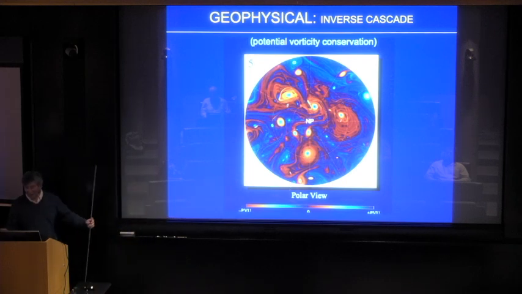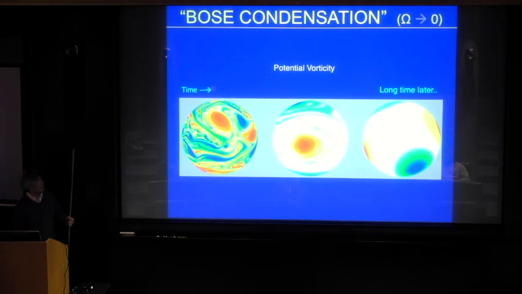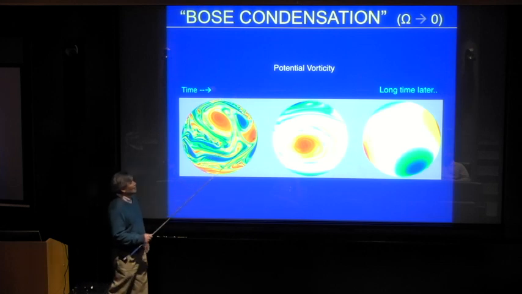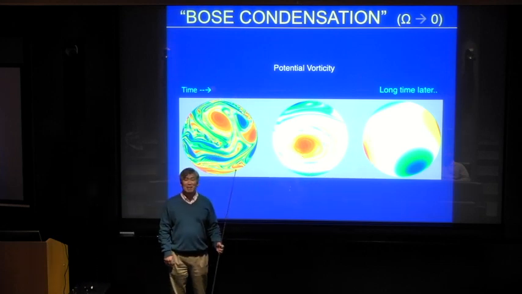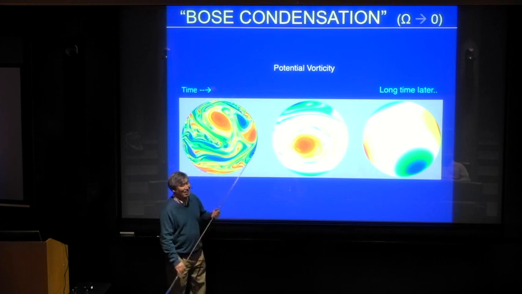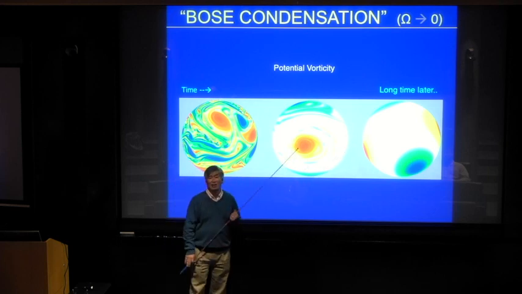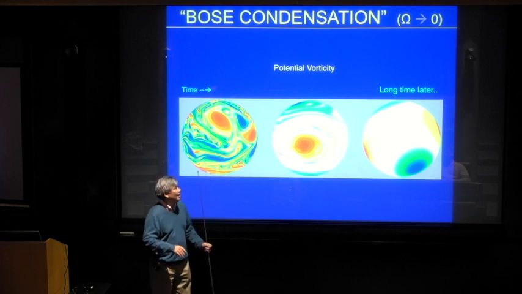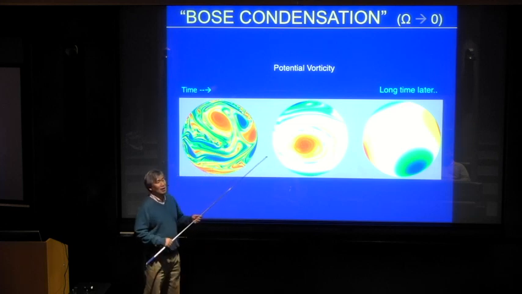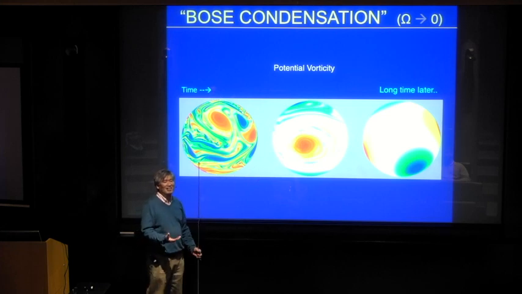If you turn the rotation off completely and integrate for a long time, many, many thousands of eddy turnover times, it goes to a vortical quadrupole, 2 plus 2 minus, and that's one of the only true manifestations of spherical geometry.